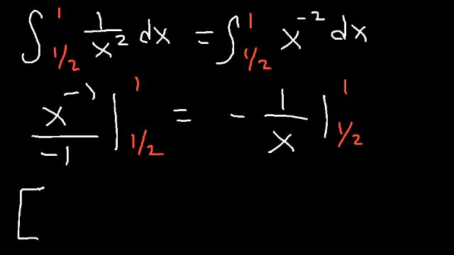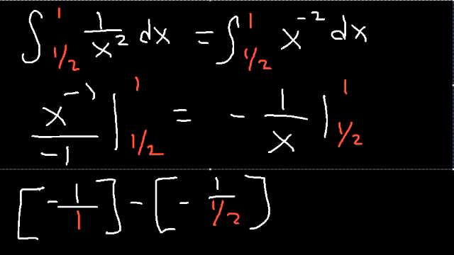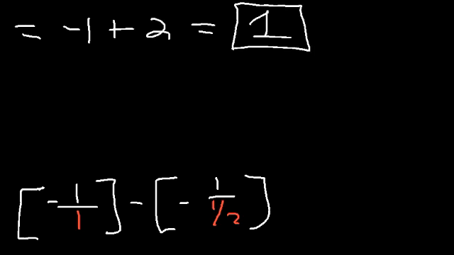So it's going to be negative 1 over 1 minus negative 1 divided by 1/2. Negative 1 over 1 is simply negative 1. And these two negative signs will make it positive. 1 divided by 1/2 is 2. So the final answer is plus 1.